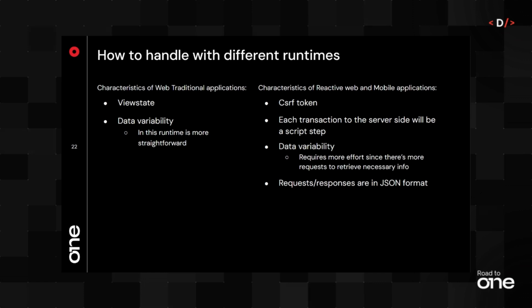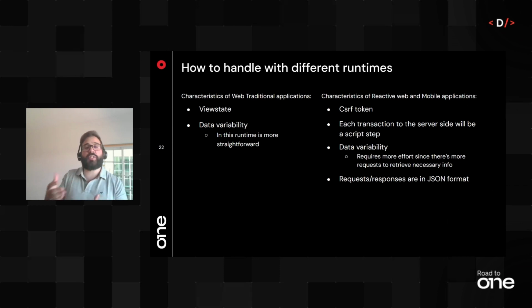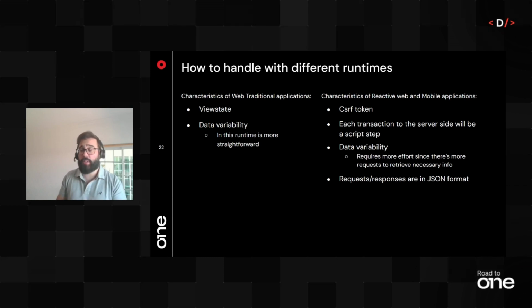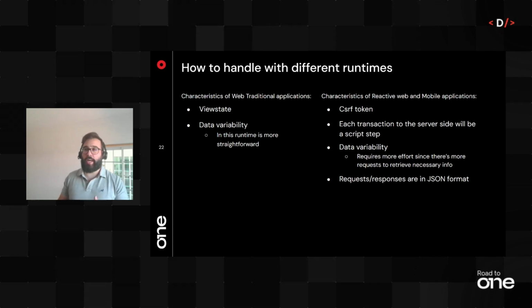The view state is where all the context of the actions done in the application is kept. Data variability here is a little bit easier, more straightforward, since we handle the whole request.